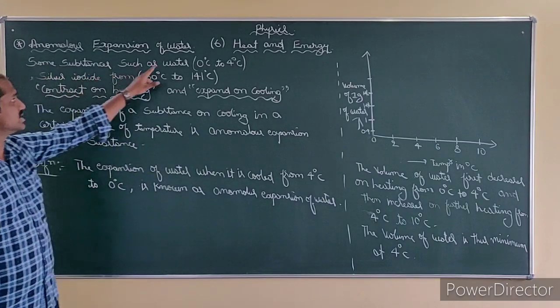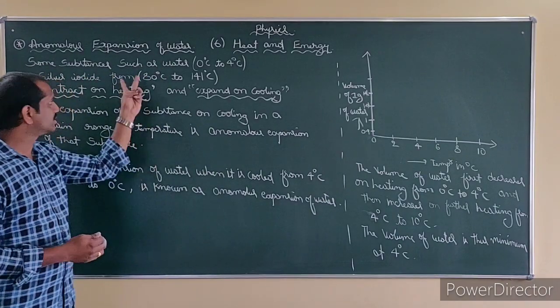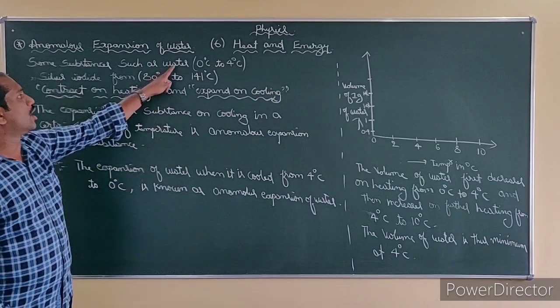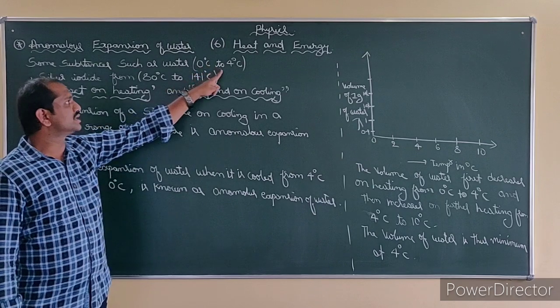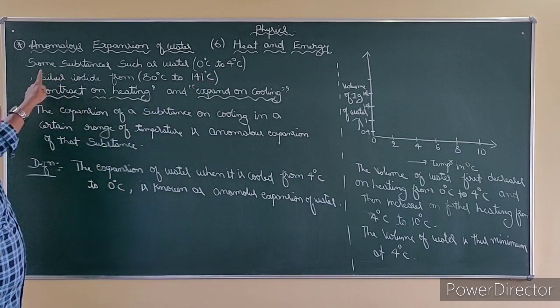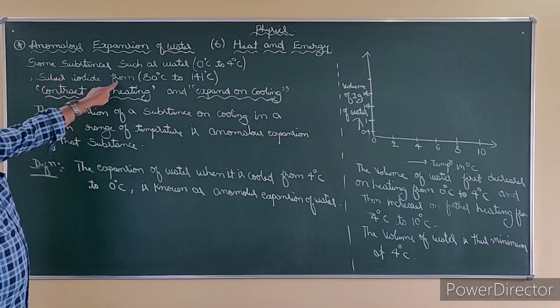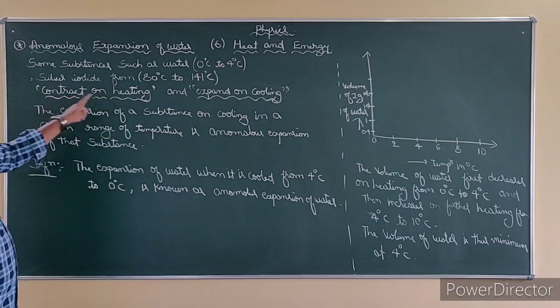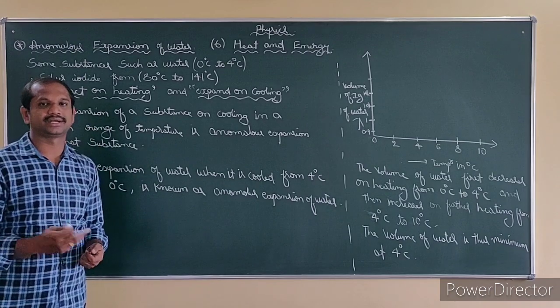Some substances such as water, for example, I have taken 2, in your textbook they have given 3, they have even given silica. Water, that is from 0 degrees Celsius to 4 degrees Celsius, and silver iodide from 80 degrees Celsius to 141 degrees Celsius, contract on heating. Look at here.